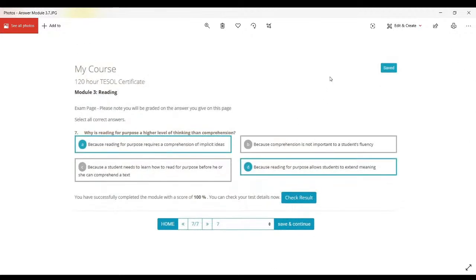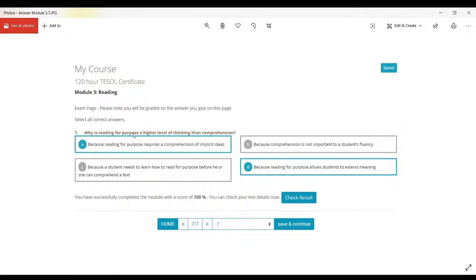Okay, so number 7, why is reading for purpose a higher level of thinking than comprehension? Okay, there are two answers. Letter A, because reading for purpose requires a comprehension of implicit ideas. And letter D, because reading for purpose allows students to extend meaning.